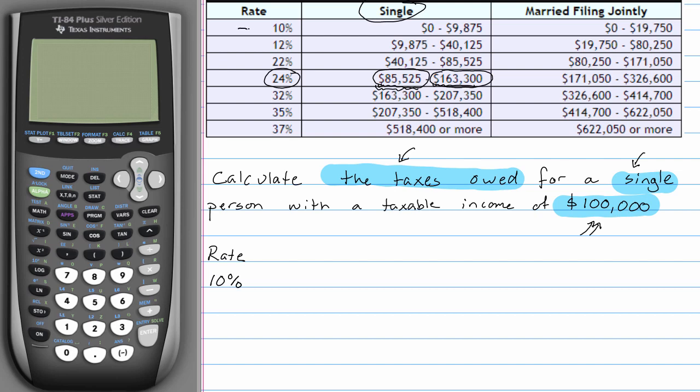Right, I'm just starting with the very first row. Part is taxed at 12%. Part is taxed at 22%. And the last part is taxed at 24%. How do we figure out how much?